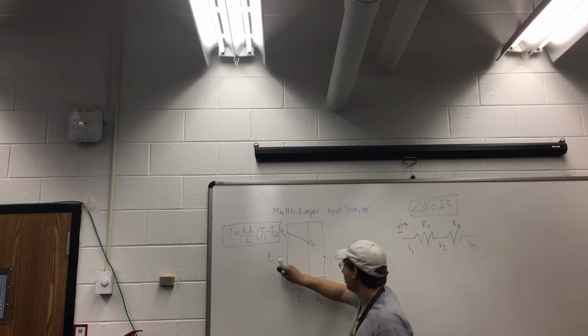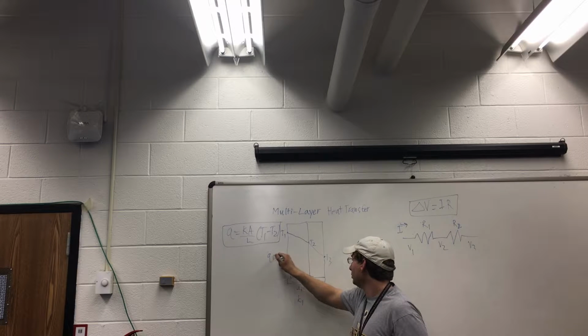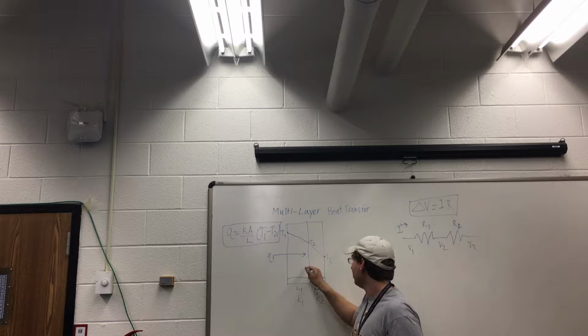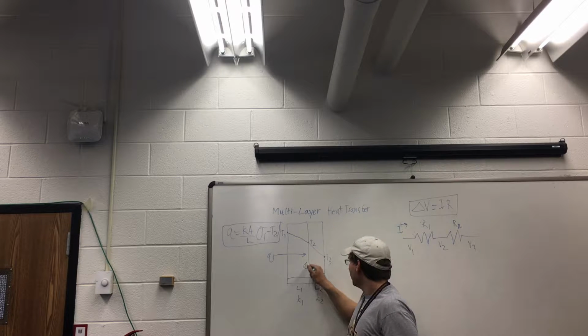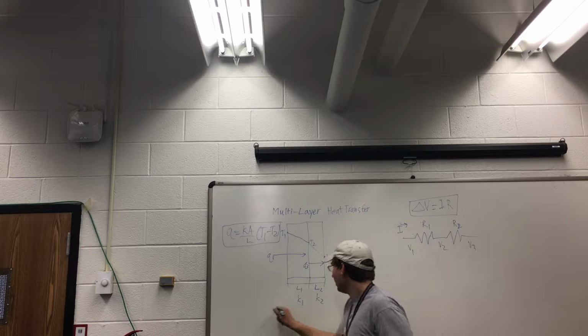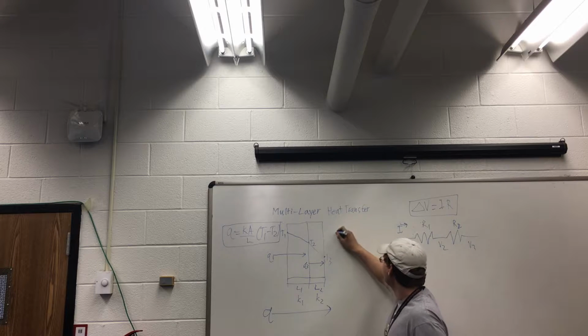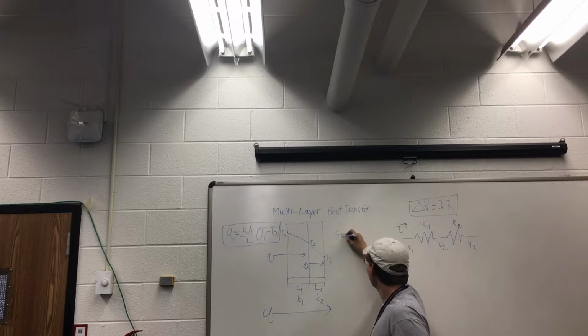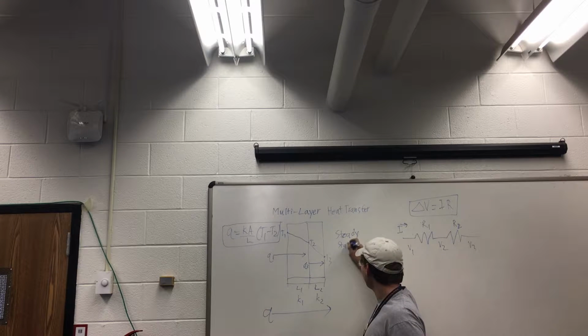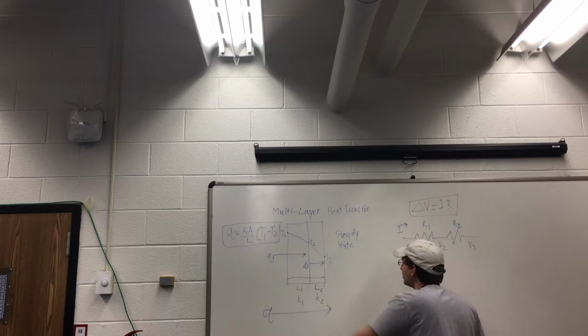So what I'm going to do is think about what's going on with the heat transferring through this wall, heat transferring through this wall, and the heat going through the whole thing. Important point to note, we are in steady state, which pretty much means that heat will not accumulate in the wall itself.